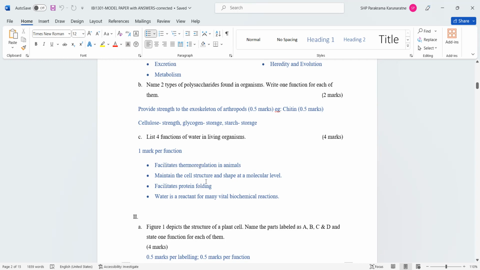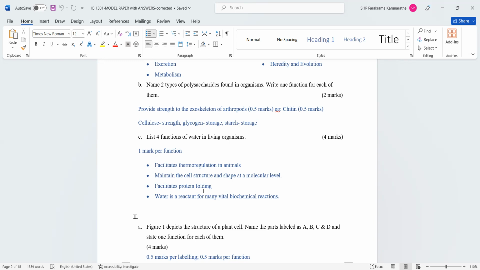If you are asked about lipids, you should be able to write that lipids provide insulation. Insulation means it acts as a fat layer. You know, below our skin you find a fat layer, so it gives insulation to the body. Also it is a structural component in the cell membrane. You find phospholipids, so you can write that. Or it acts as energy storage. So those answers you can write.